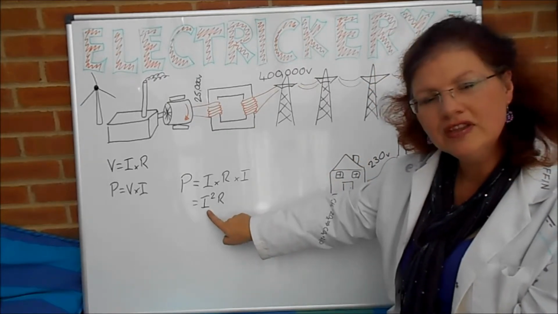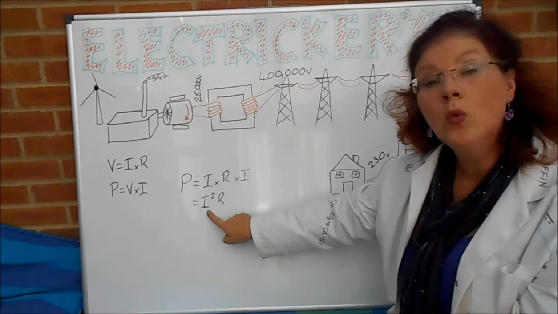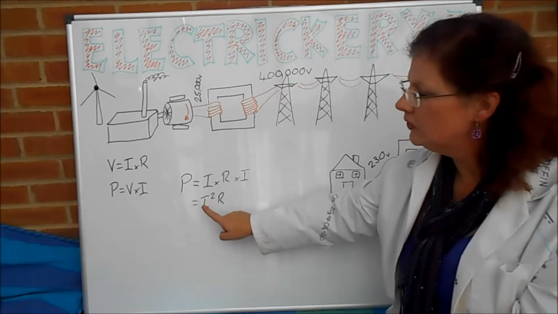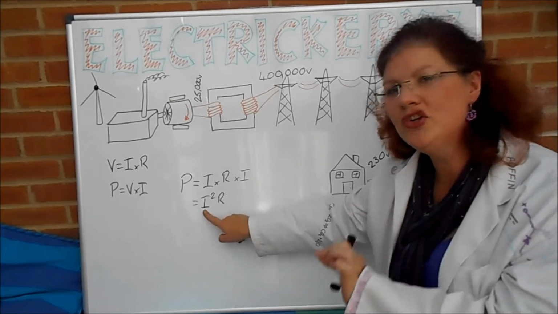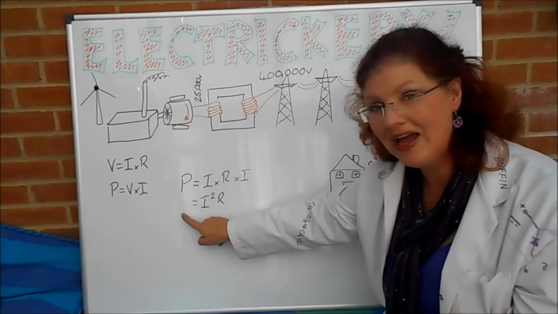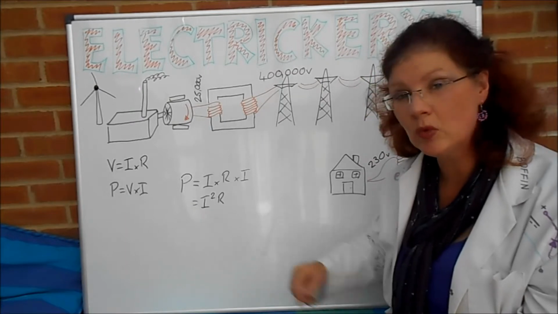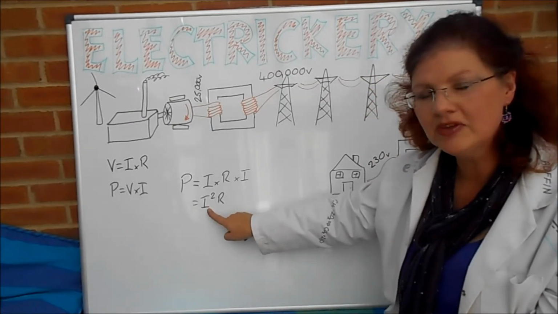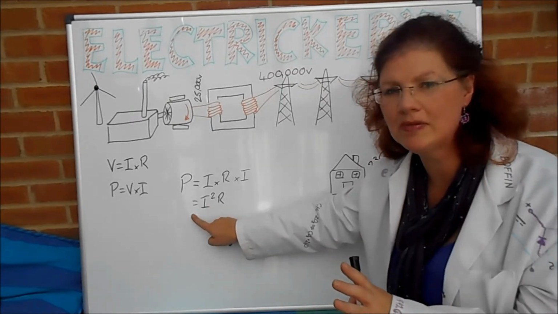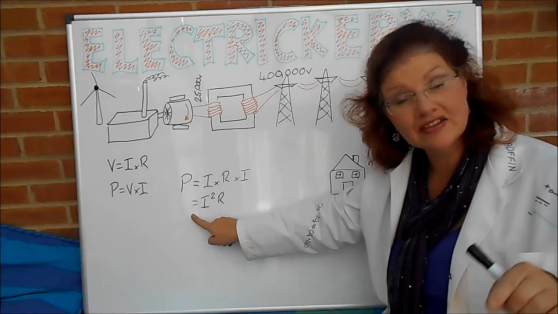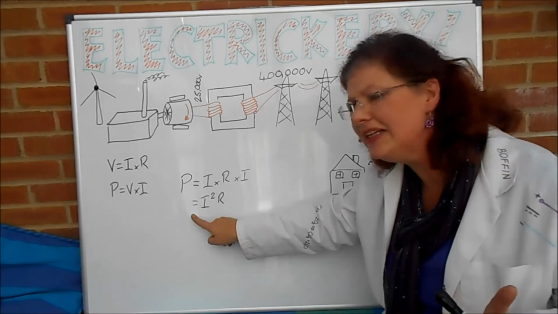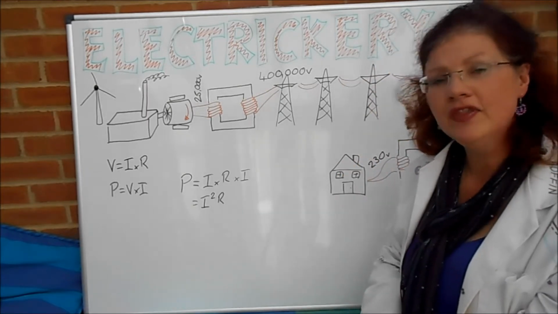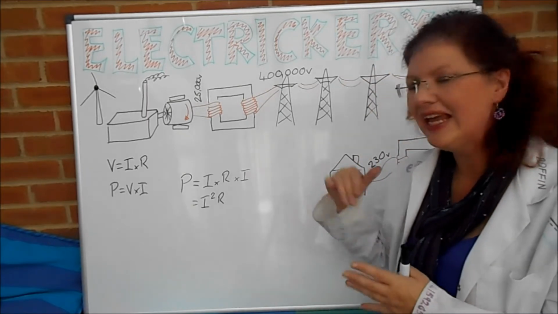And because of this I squared, what that means is that if you 10 times the current, you 100 times the power. See, the power's got an I squared in there. So if you 10 times the current, you will 100 times the power, which means you 100 times your loss in heat. Bad idea. So, for this reason, we want to keep the amps low.